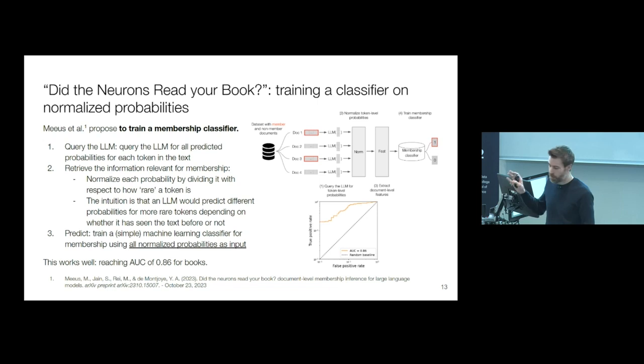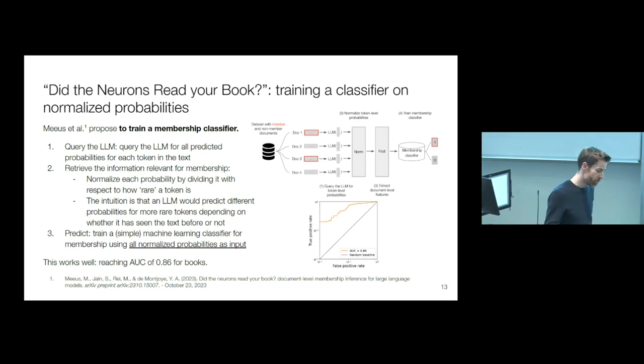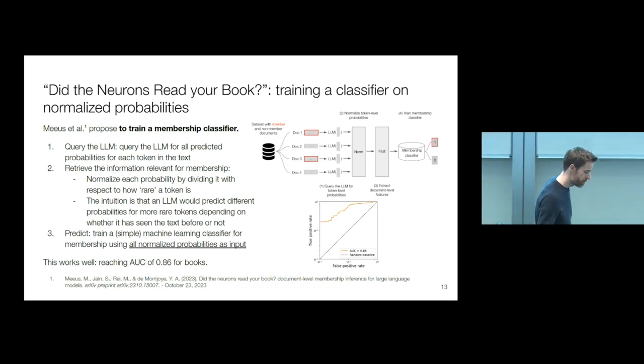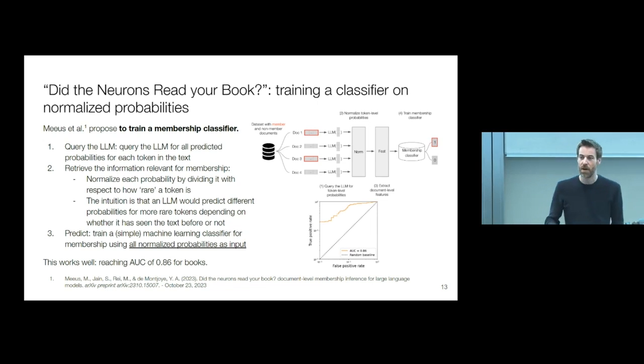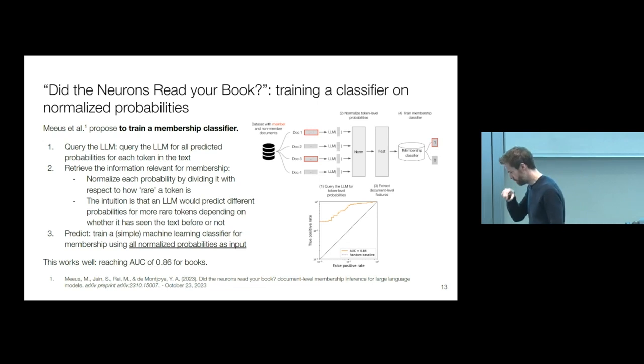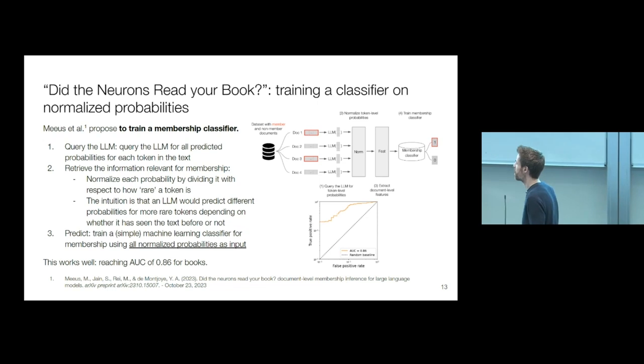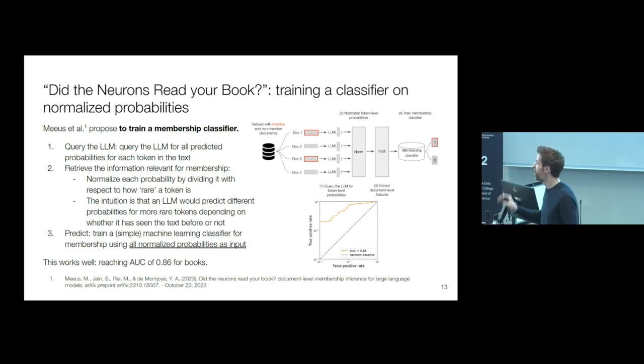A bunch of methods followed, actually two papers, one by us and one by a team in Washington, that developed pretty much the same method concurrently. I'll start with ours, which is slightly higher level. We query the model for every single token in the text.